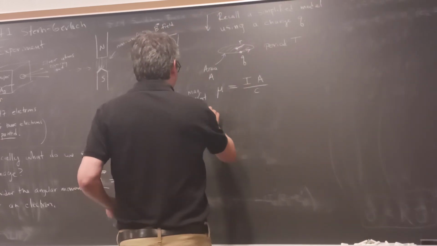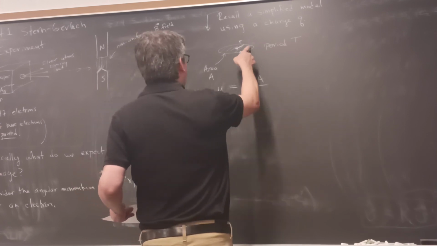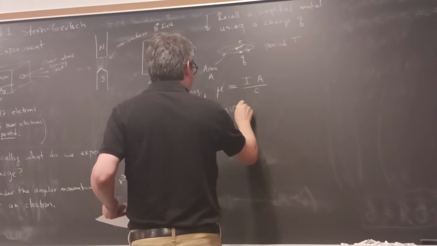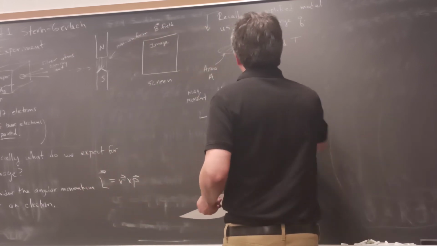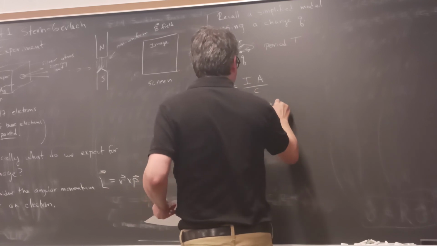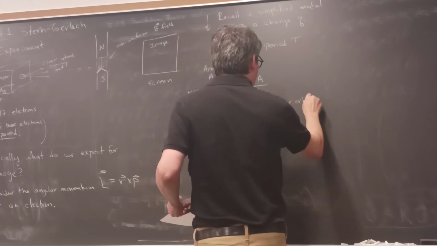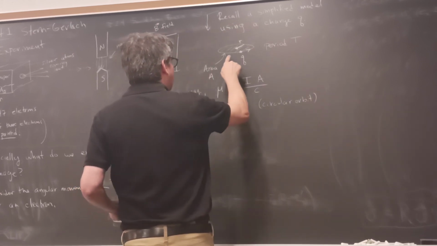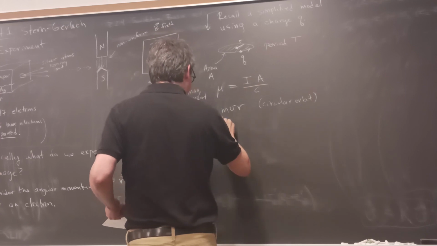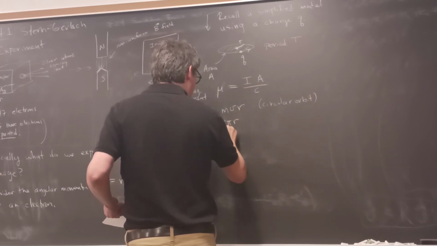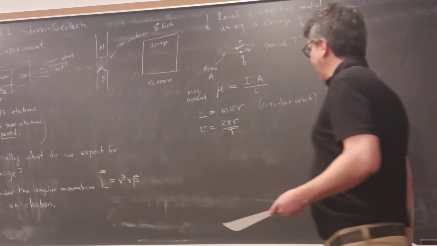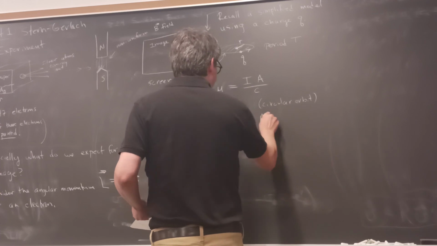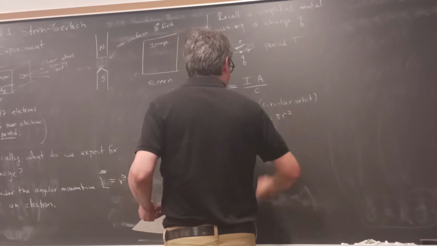So let's see, what do we have? We have L, the angular momentum, which will just be the mass times the velocity times r for a circular orbit. And the velocity here, if we know the period T, is just 2 pi r, the circumference, divided by the period. That'll give us the velocity. And then A is equal to just pi r squared.